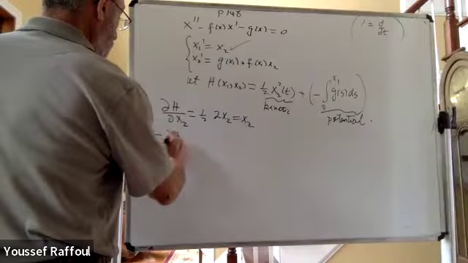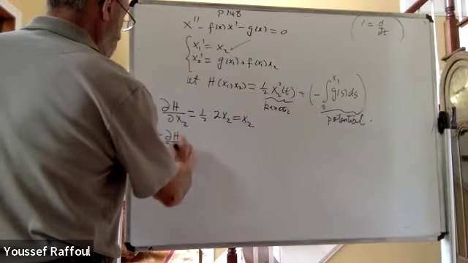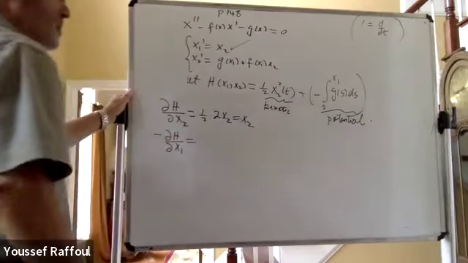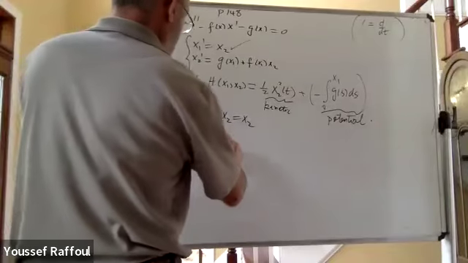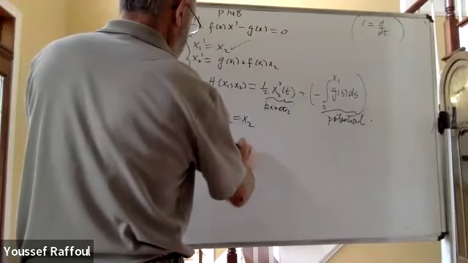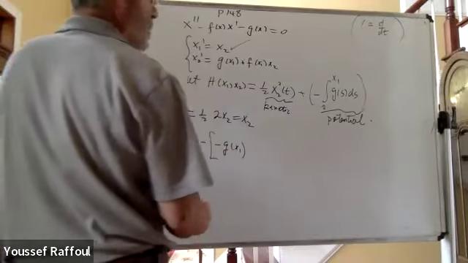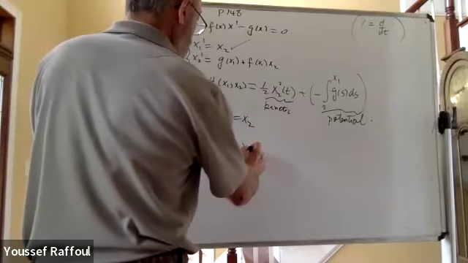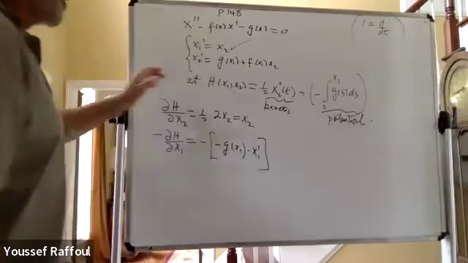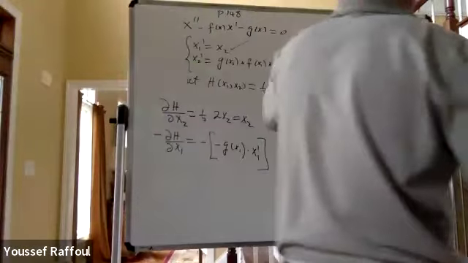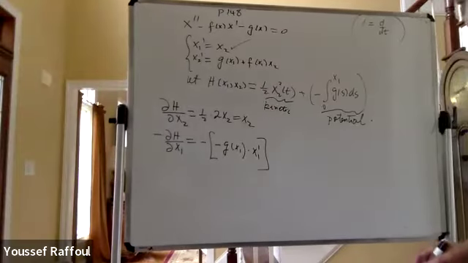And then minus del H over del x1 is minus of minus g x1 times x prime. Because this is x as a function of t, and I'm differentiating.